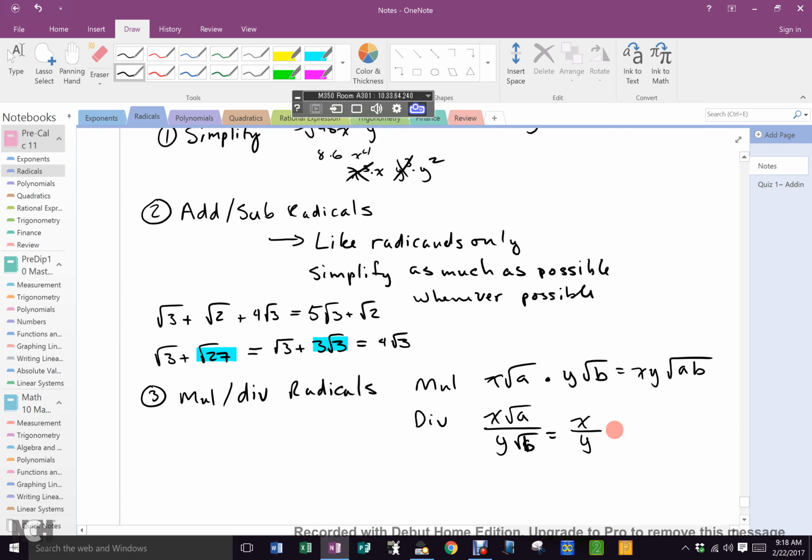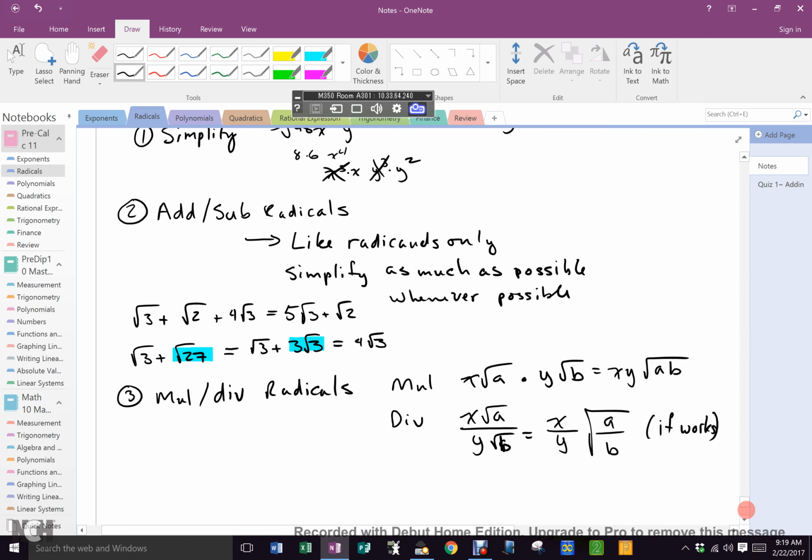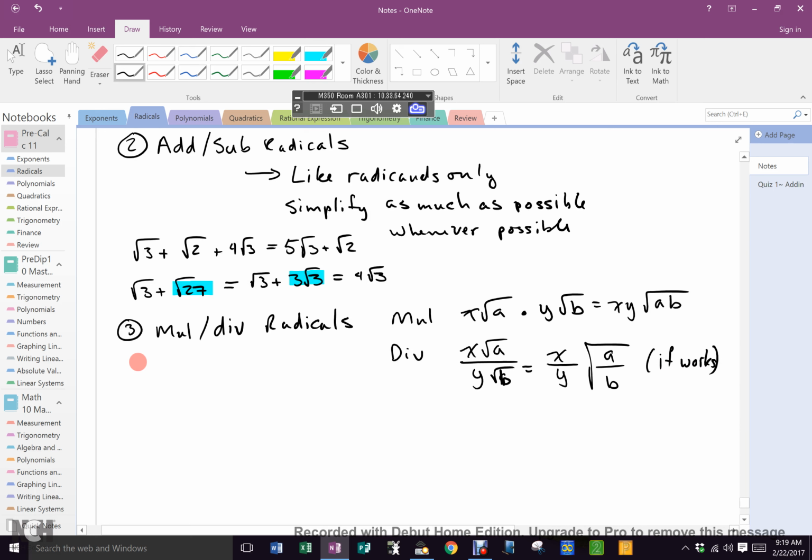and then root a divided by b, if it works. What do you have to do if it doesn't work? This is 3a.